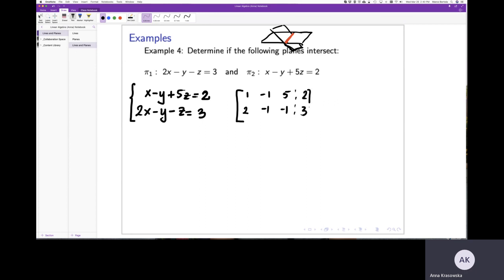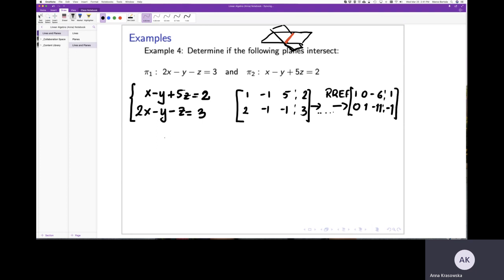Once you write the augmented matrix, I want you to do it by yourself. Stop the video for a moment and write the reduced row echelon form of the matrix, and you will have 1, 0, 1, minus 11, and so on.